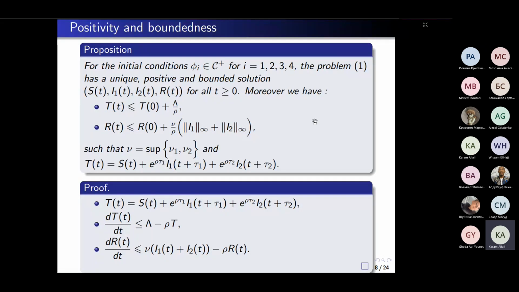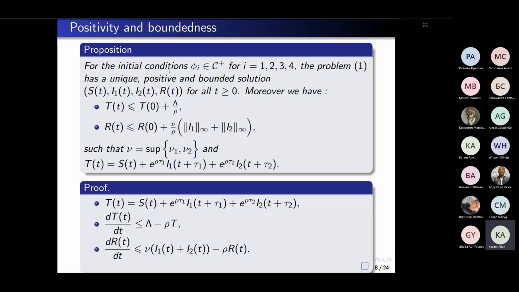Cells or populations are usually always positive, of course, and they are bounded. So we need to prove this boundedness, which ensures the well-posedness of the model.